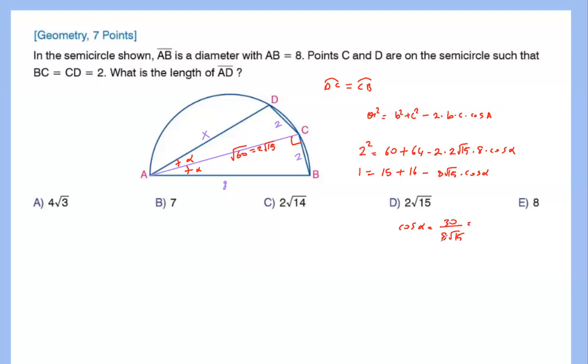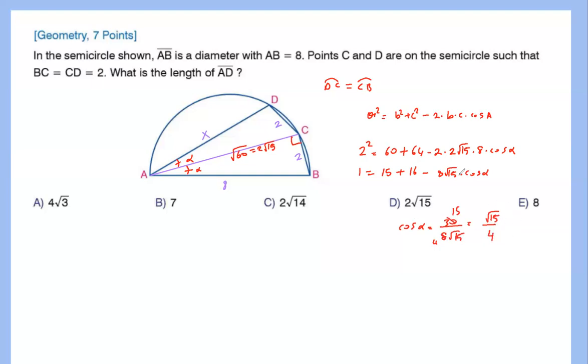That's 15 over 4, and 15 I can write as root 15 times root 15. So one of those root 15 will cancel. So you get root 15 over 4, because I canceled a root 15, so the denominator will have only 4.